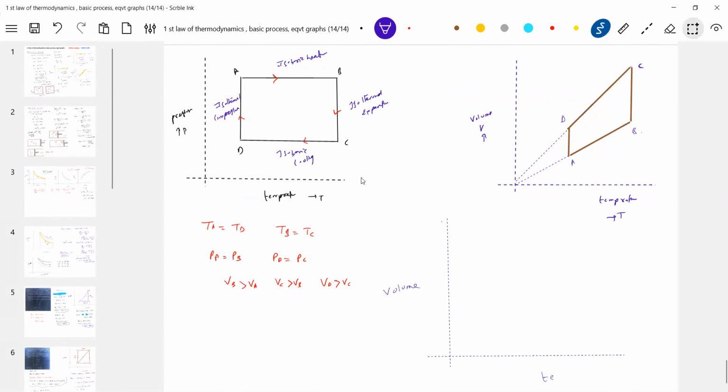Pressure versus volume, sorry. So there's pressure. Now isobaric heating, so shall we put a straight line?